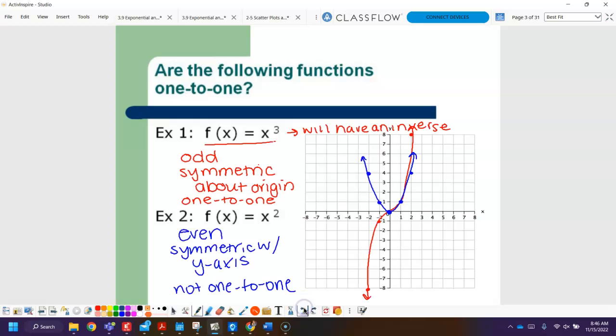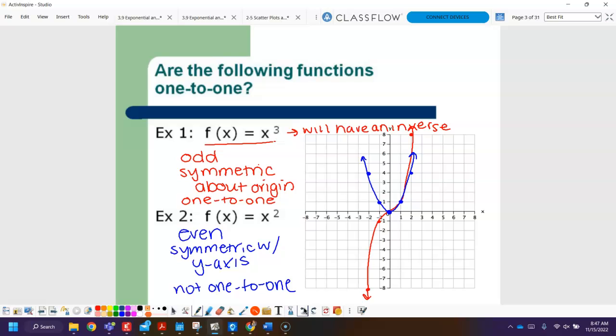We know that x cubed is symmetric about the origin. It's up there in red. It is one-to-one because for every x and y, there is only one x and y. Again, x cubed goes (-2, -8), (-1, -1), (0, 0), (1, 1), (2, 8).